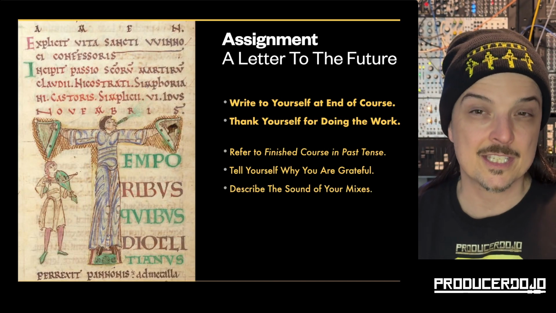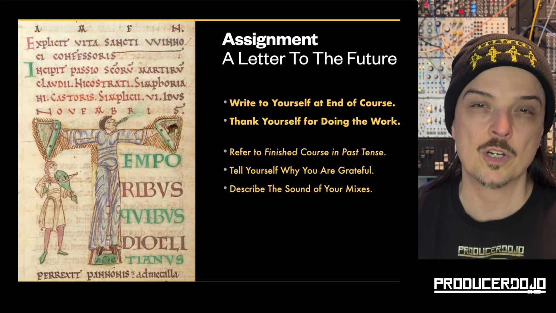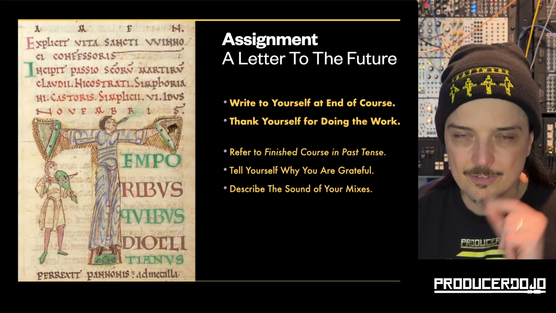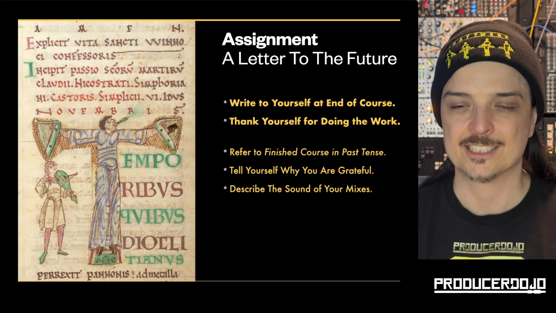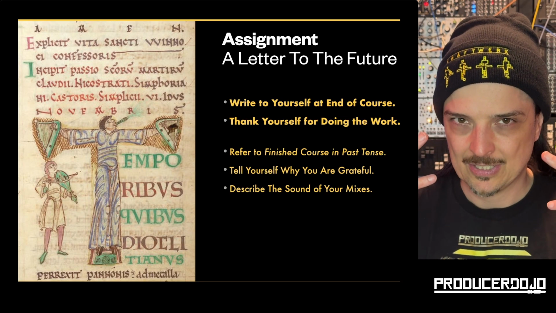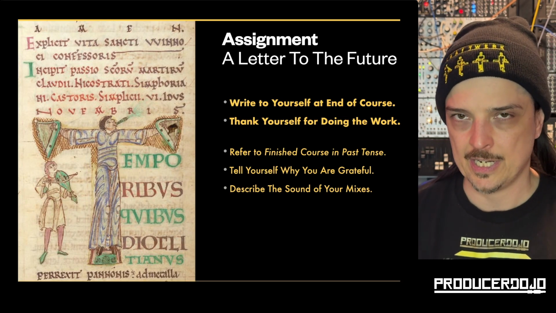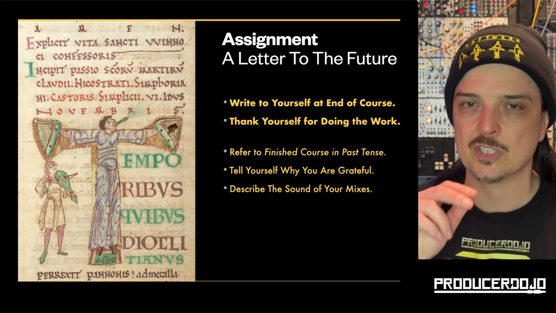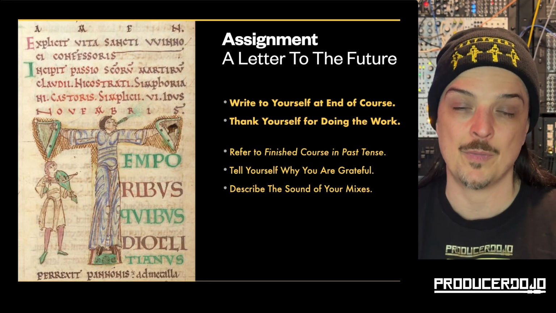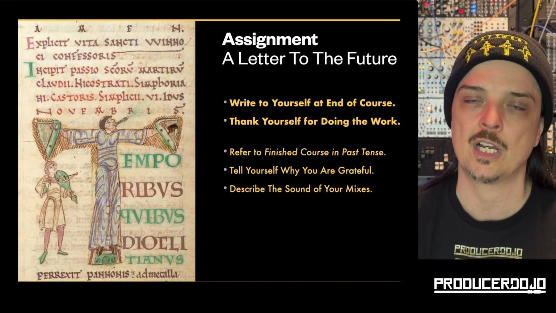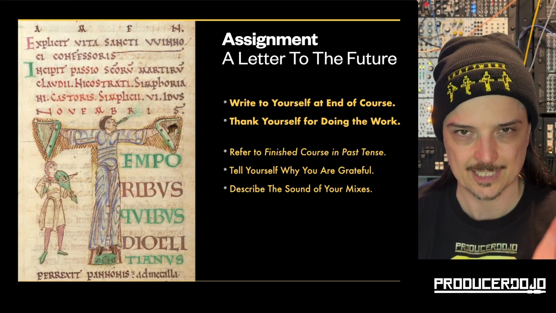And this will really help you with defining your style and getting clear about your style. I want you to describe as vividly as you can the way your music now sounds at the end of the course, and say it as though it is something that has happened and is real. You'll find as you write using that tense, it makes it more vivid in your imagination and easier to clearly visualize the style you're going for when you're referring to it as something that already exists.